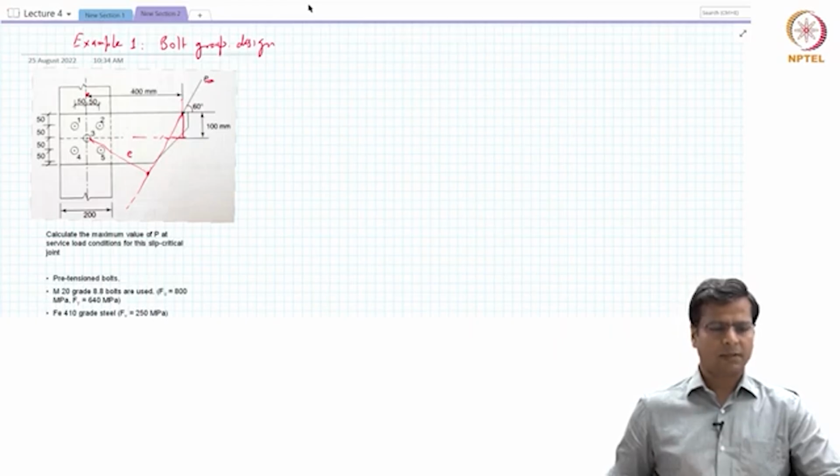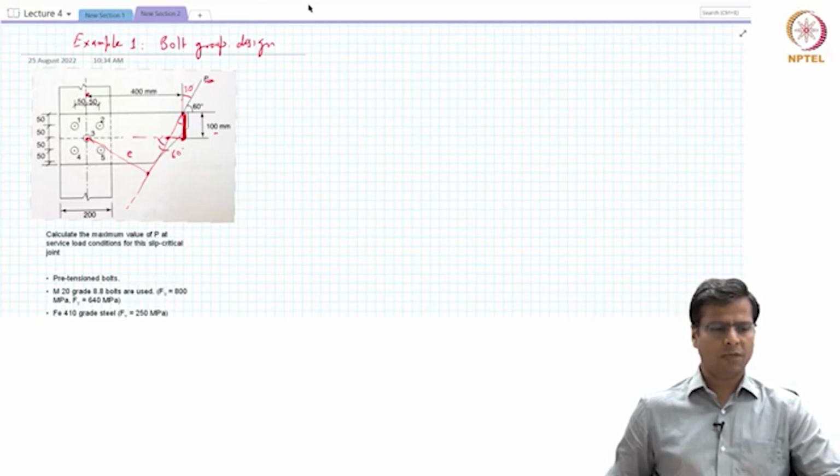This angle is 60 degrees, so this angle would be 30 degrees. Therefore, this angle will also be 30 degrees, and this angle will again be 60 degrees. We know that this height is 100 millimeters, and that the length from the centroid to the point where the load is acting is 400 millimeters.